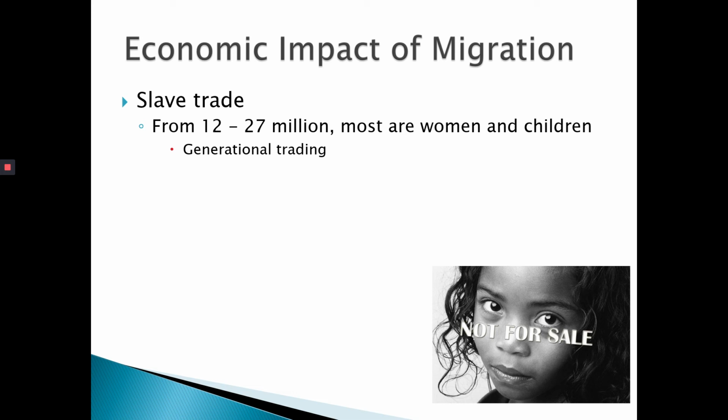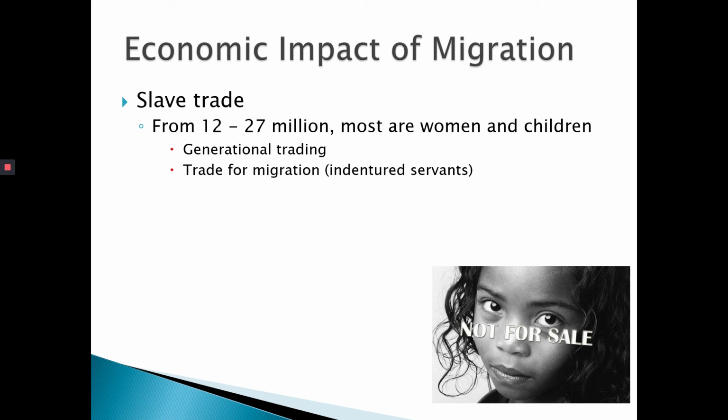Unfortunately, some families might sell their children simply because they need the money to survive. And that's an unfortunate aspect of things that are happening around the world. You also have individuals that sell themselves into the system because they're hoping to migrate.